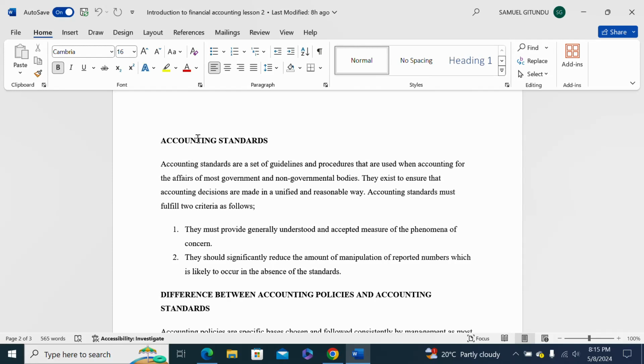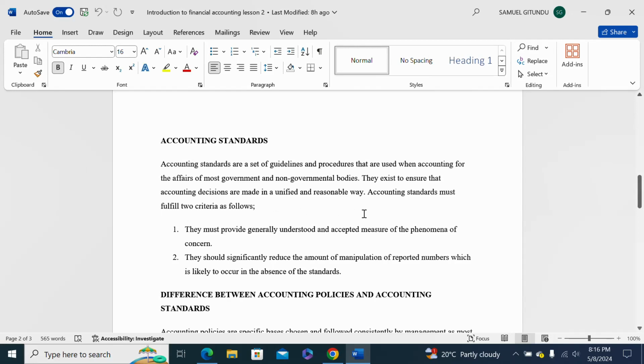Those are some of the examples of non-governmental bodies. So accounting standards are a set of guidelines and procedures that are used when accounting for the affairs of government and non-governmental bodies.